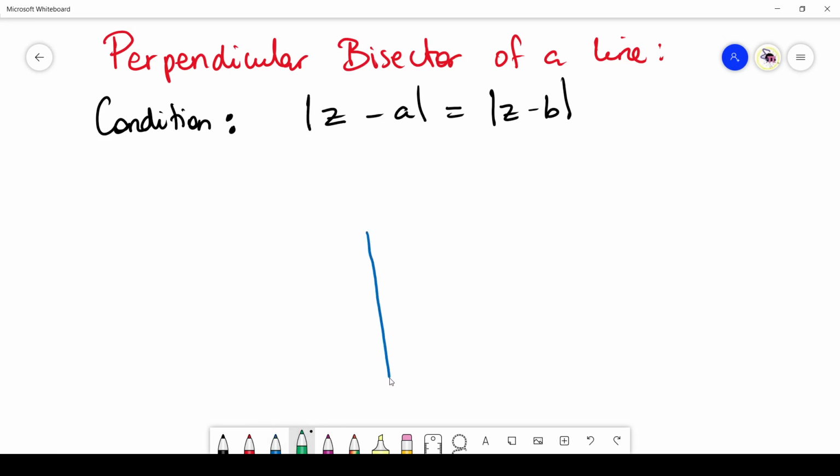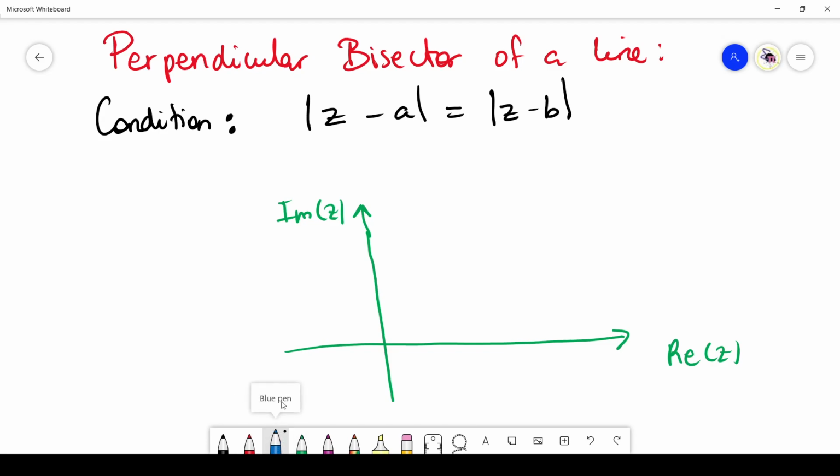So if we had to draw that, first of all, I would draw my complex plane. Okay, real part of C and the imaginary part of C. And let me give you guys an example of a question.